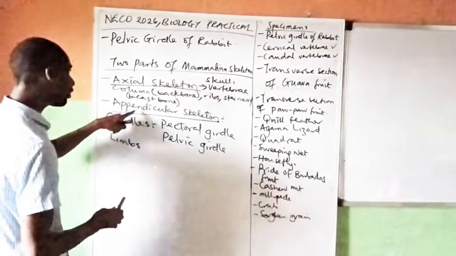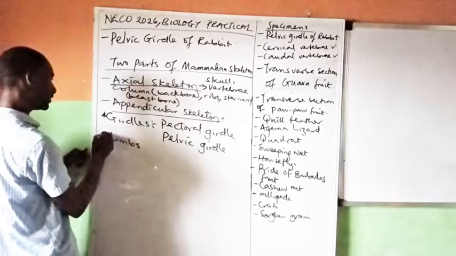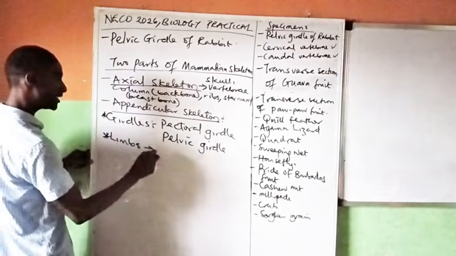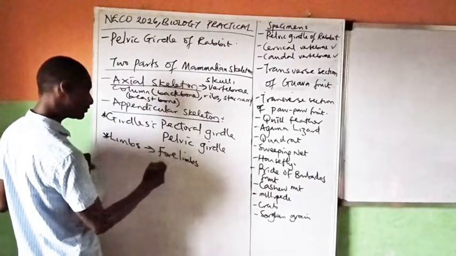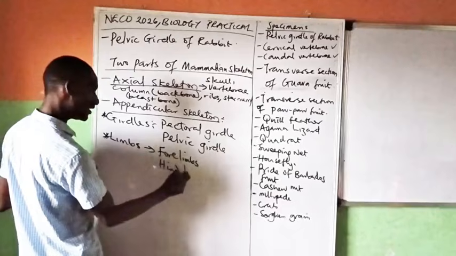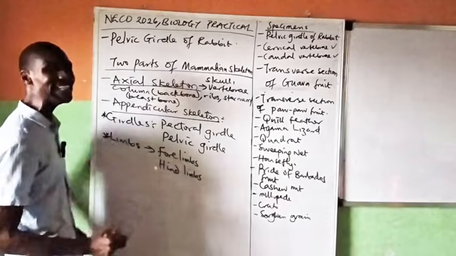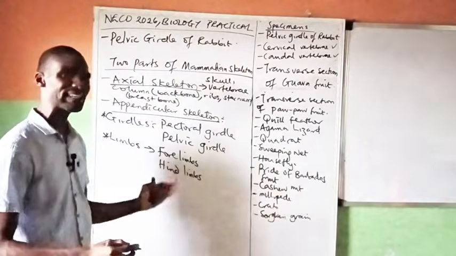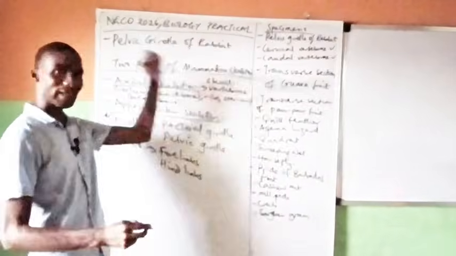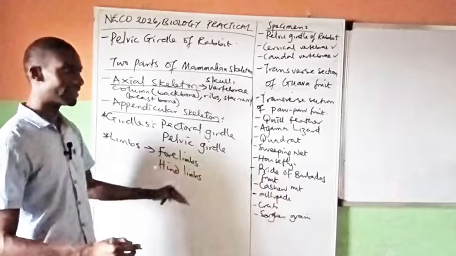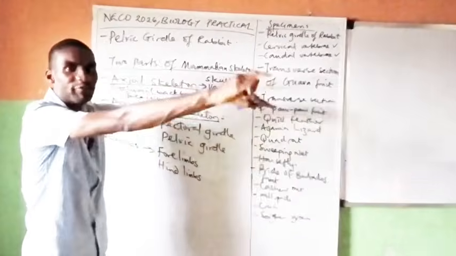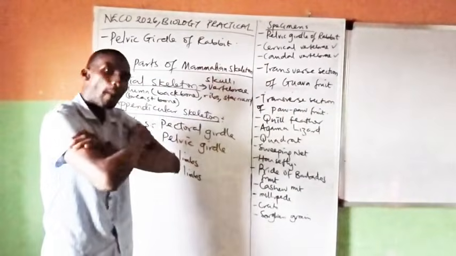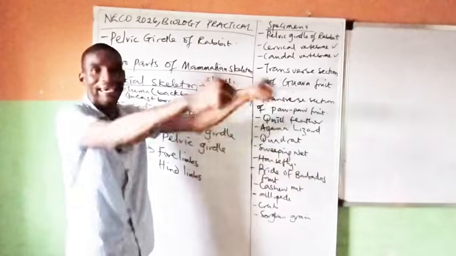Now, a part of the appendicular skeleton, we have the limbs. Under the limbs, you have the forelimbs and the hind limbs, from the word behind. The forelimbs talk about the upper limb, or the hands.